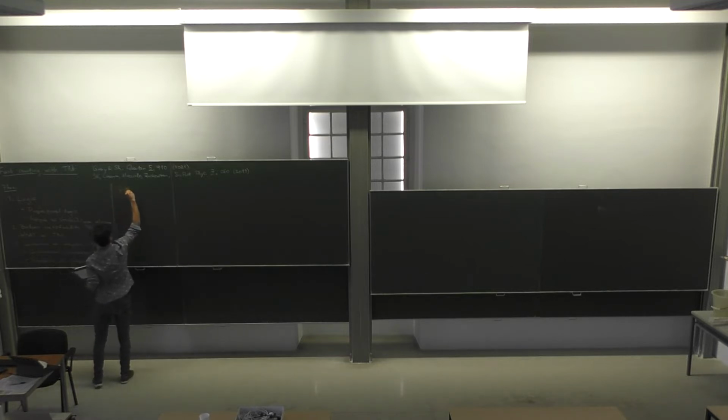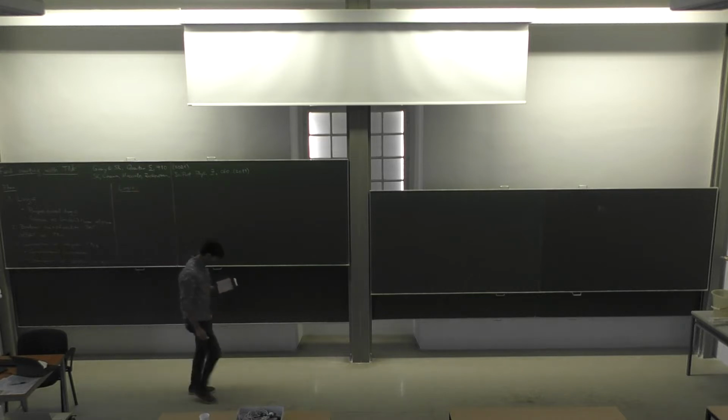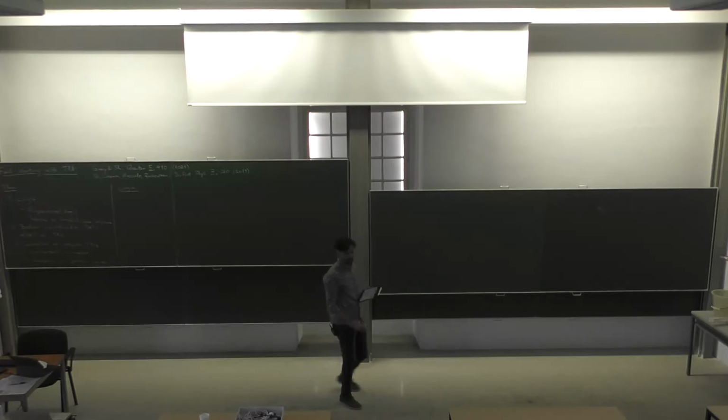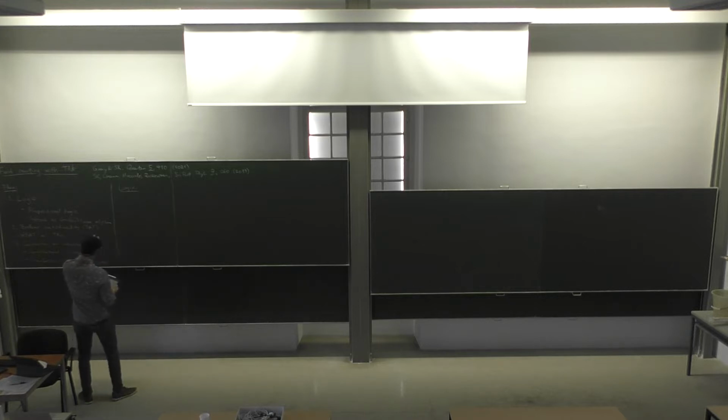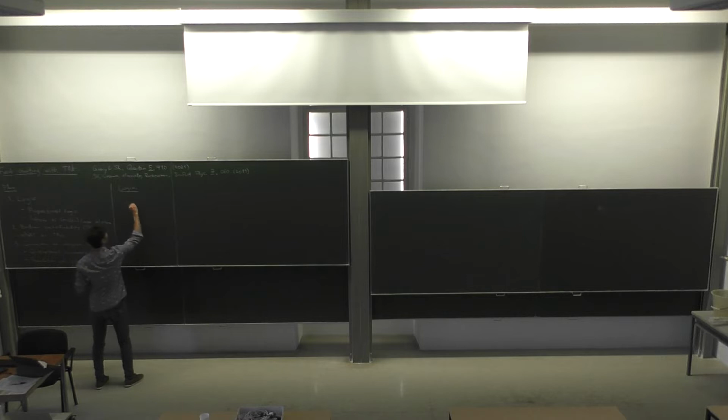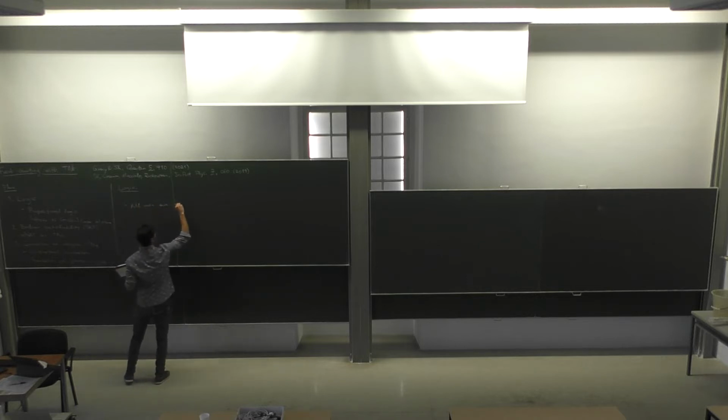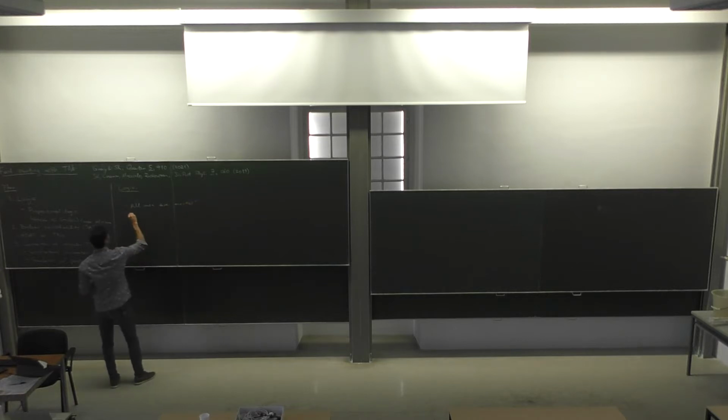logic. So what is logic? Logic is the study of valid reasoning, okay, or invalid reasoning. So we want to make statements like all men are mortal, and statements like Socrates is a man.